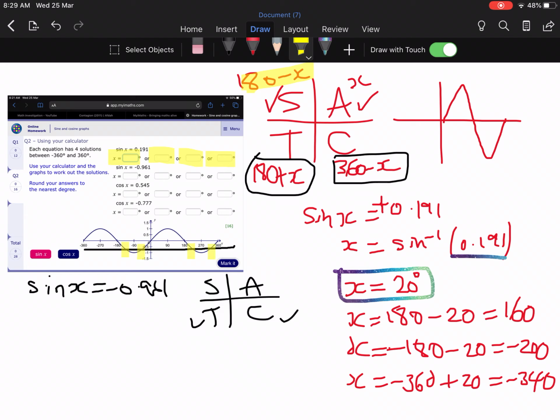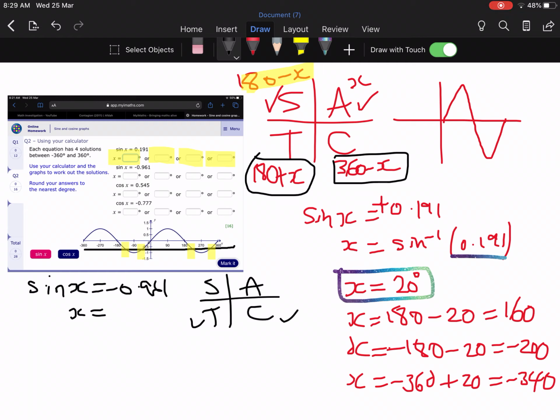So again, you can see common sense, you can kind of figure out what you have to do, but you can also use your cast diagram. So I'm going to hazard a guess again, because I don't have a calculator on me, that inverse sine of, now you don't do the negative, because you need to find what x is, so don't do the negative value. There is a method where you do use the negative, but I don't like that way, so if you want to try it that way, that's fine.